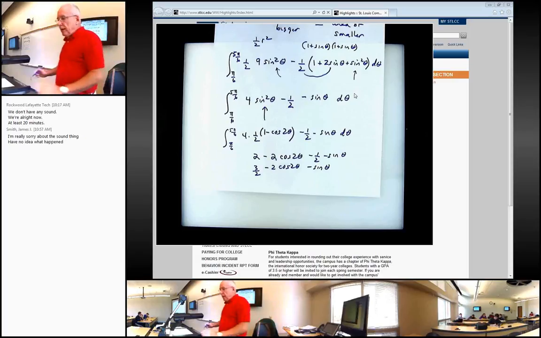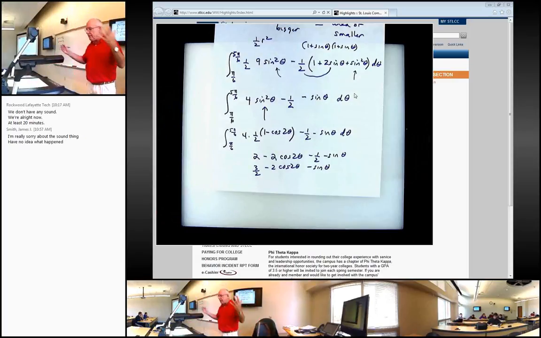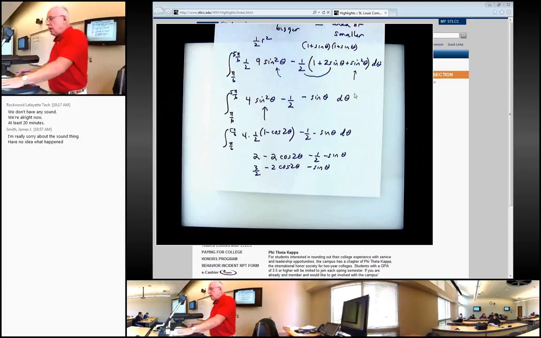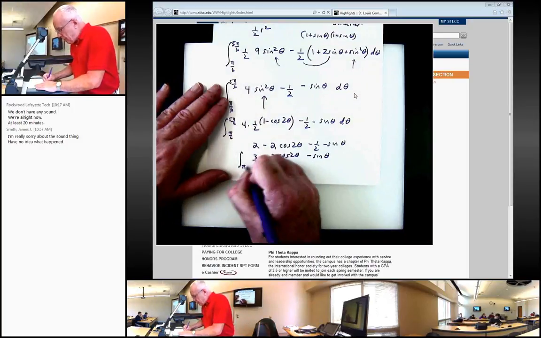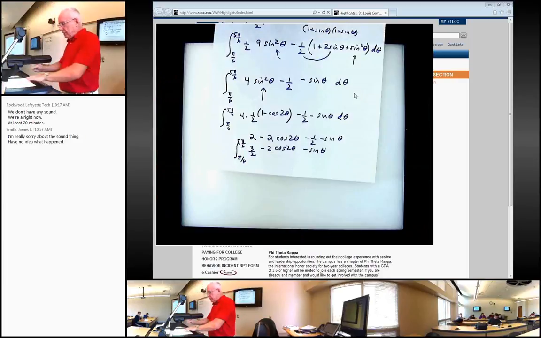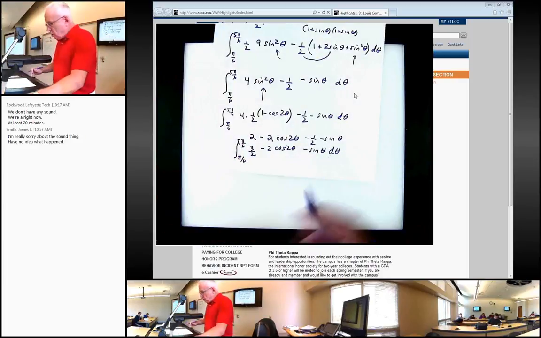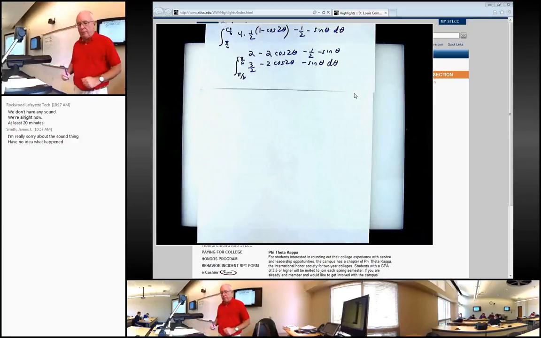So we've had to use this formula, sine squared of theta equals, and we've had to combine terms. So this is what we have now, from pi over 6 to 5 pi over 6, d theta. So now we can get the antiderivative of each of those 3 terms and go from there.